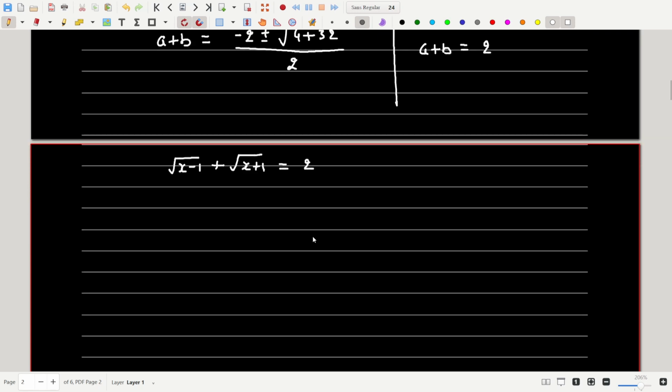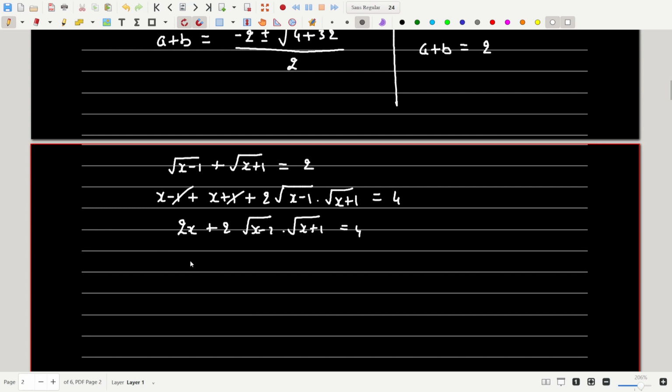Now let us square both the sides, which will give me x minus 1 plus x plus 1 plus 2 under root x minus 1 into x plus 1 is equal to 4. These two terms cancel out, and I'm left with 2x plus 2 into under root of x minus 1 into under root of x plus 1 is equal to 4. Divide both sides by 2.